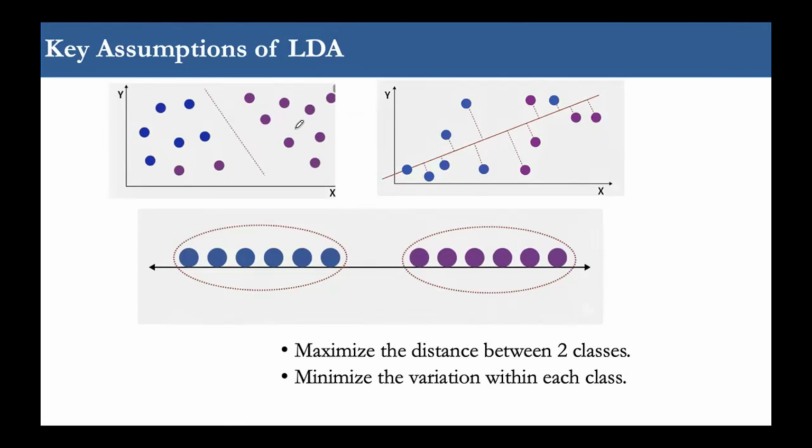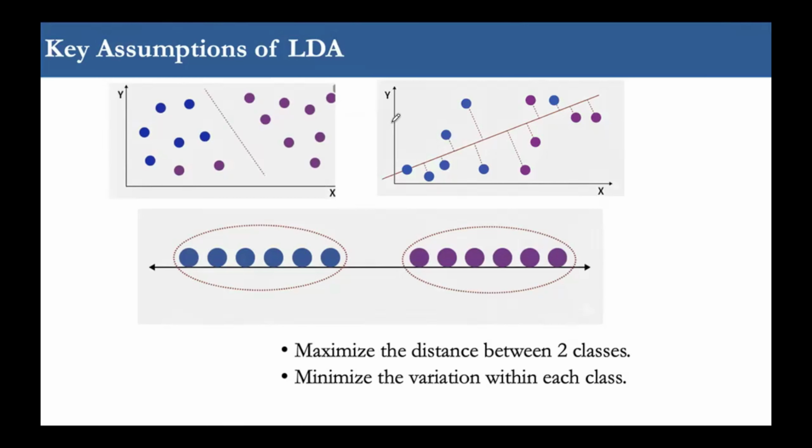We'll see this. So see here, even though there is a misclassification, you have a straight line which linearly separates two classes. Now LDA tries to find a new axis which maximizes the distance between these two classes, as well as tries to minimize the within class variance.